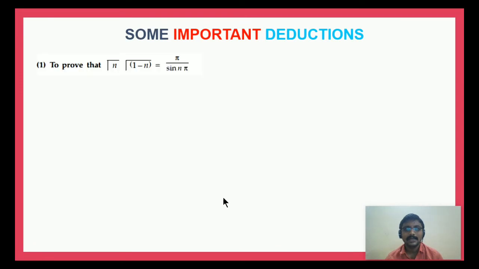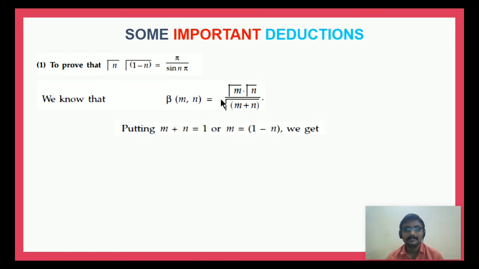Some important deductions. First one is prove that gamma of n into gamma of 1 minus n is pi by sin n pi. So we know that beta of m, n. So what is the relation between beta and gamma function? Beta of m, n is gamma of m into gamma of n upon gamma of m plus n.